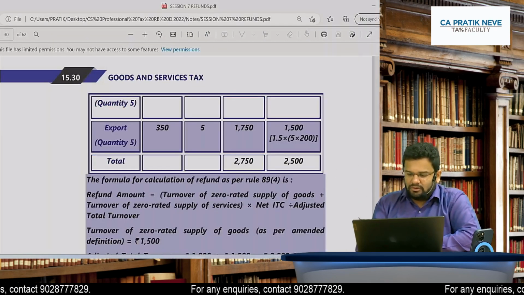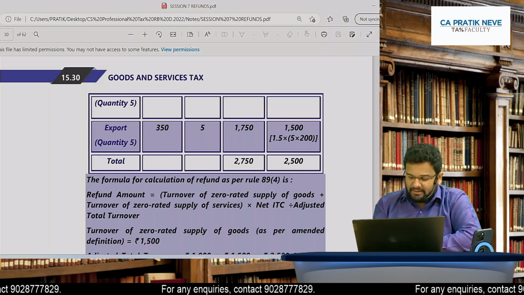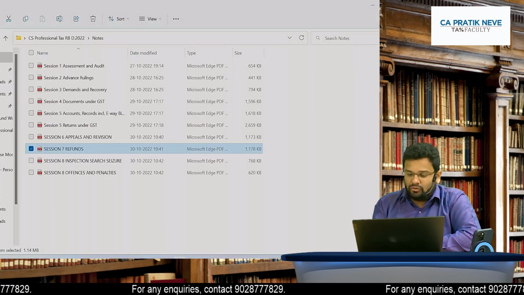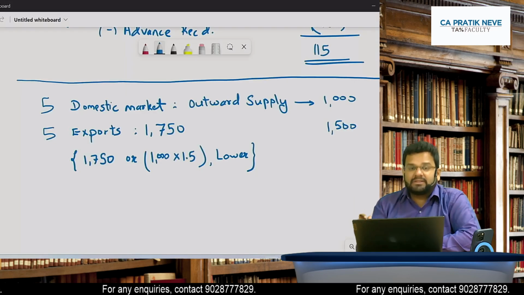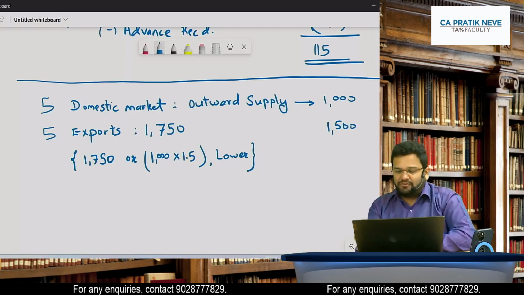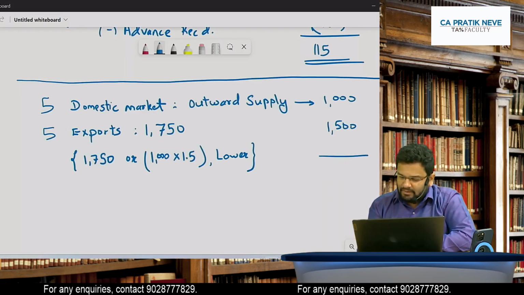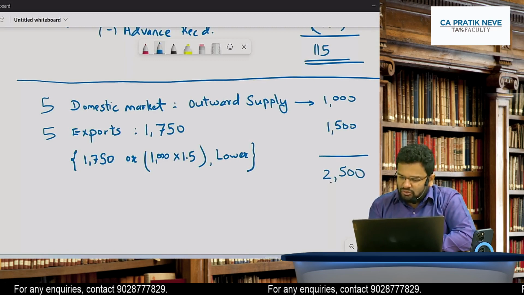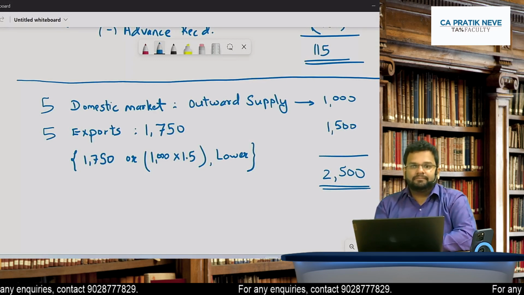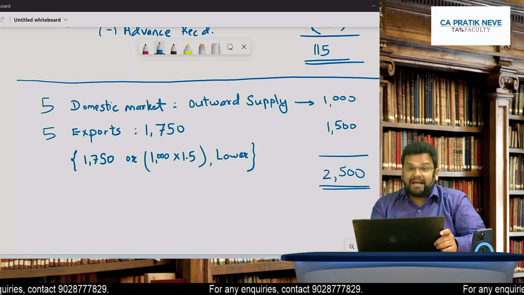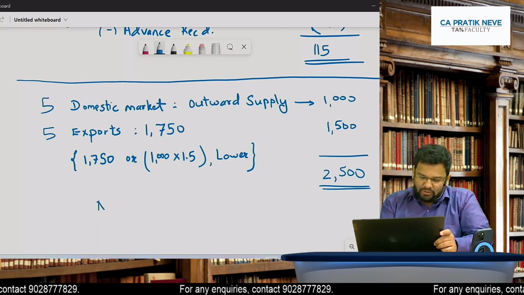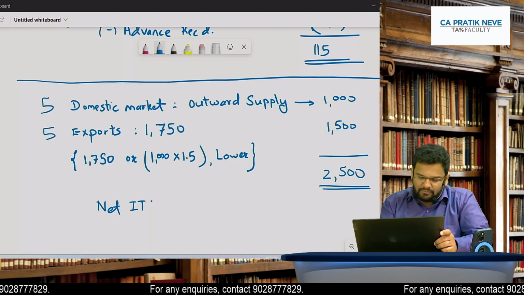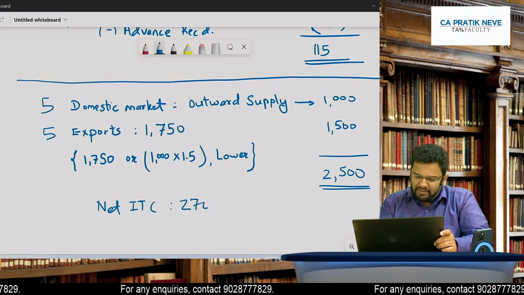Good, very good. So friends, accordingly, what is your total turnover in this case? There is no complication of service in this case. Can you see the total turnover is 2500? And what was your net ITC? Your net ITC was 270.